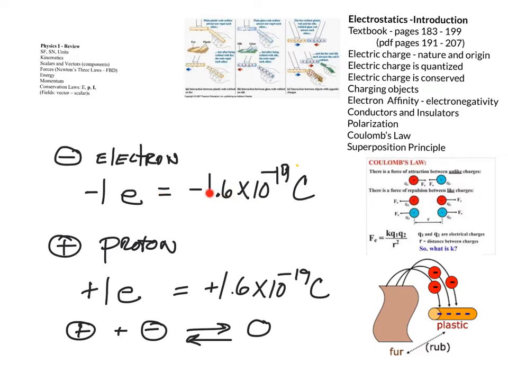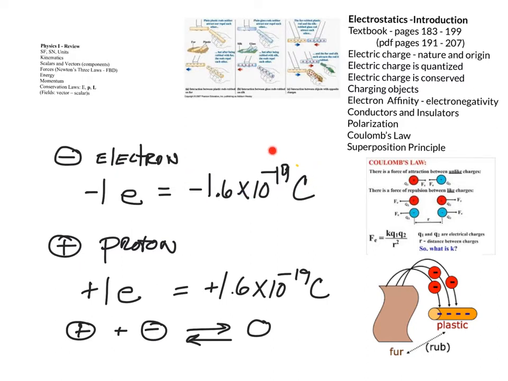You will see that in general, in the metric system, in the international system of units, the coulomb is the measure of charge. And so we need a conversion factor: 1.6 times 10 to the minus 19 coulombs is the value of 1 electronic charge.